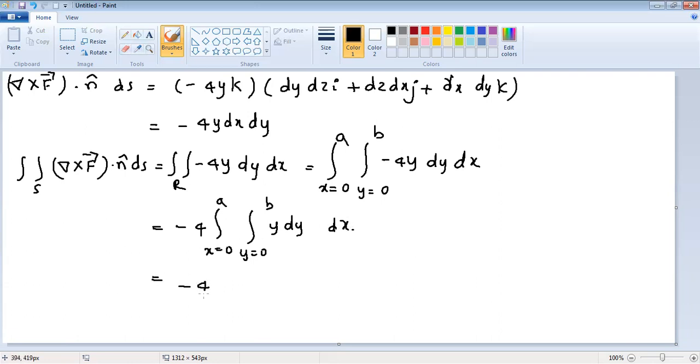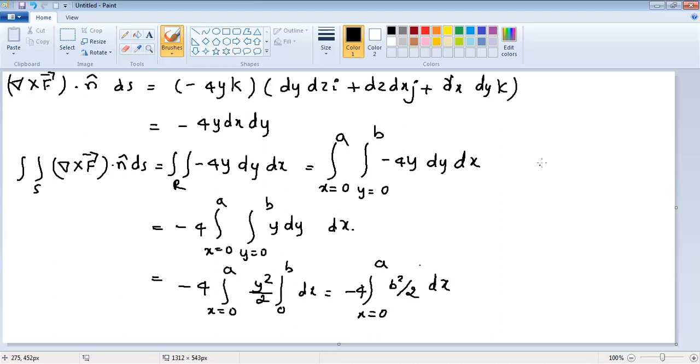So it is minus 4 times the integral of y squared by 2 from 0 to b dx, which is minus 4 times the integral from 0 to a of b squared by 2 dx.